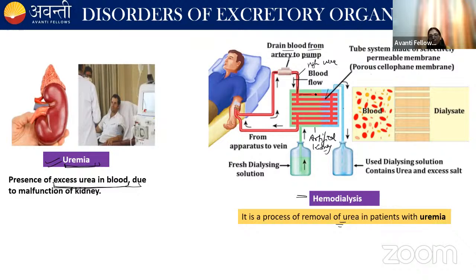When this blood passes through the cellophane tube, the urea will diffuse out passively into the dialysis fluid. And the blood which is coming out of this has a very low amount of urea, because the maximum urea has reached the dialysis fluid, which is collected in this bottle. This is what we call hemodialysis, the removal of the excess urea from the blood.